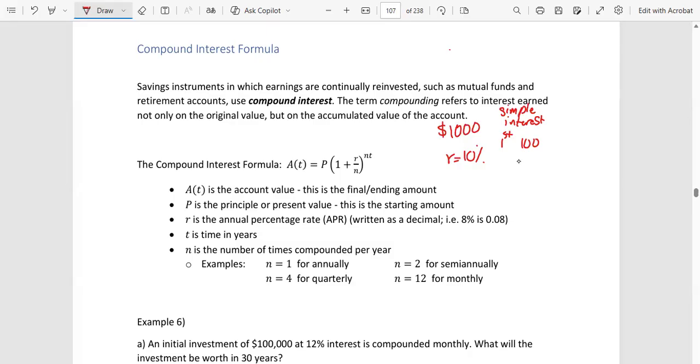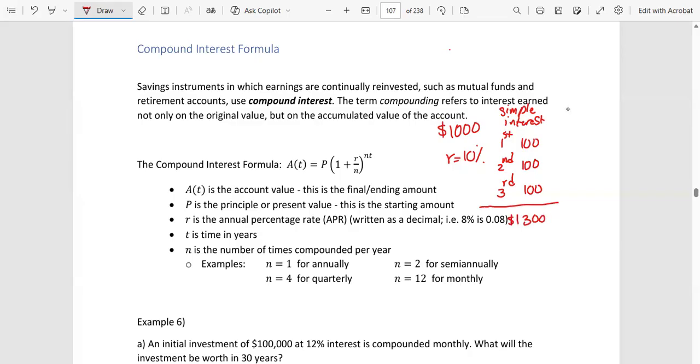At the end of the second year, you receive 10% of that $1,000 again, which is another $100. In the third year, you receive 10% of that $1,000 again, so you receive $100, which means at the end of the third year, you have $1,000 plus $300 interest, which is $1,300.